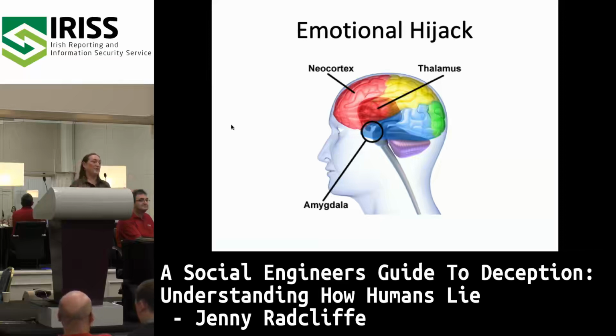It goes pretty much straight to the amygdala, which controls emotion. The amygdala works very, very quickly and overrides everything else. And so we act in that emotional fog. That's where social engineering comes in, because if you can raise that in a person, their decision-making capacity just plummets, okay?